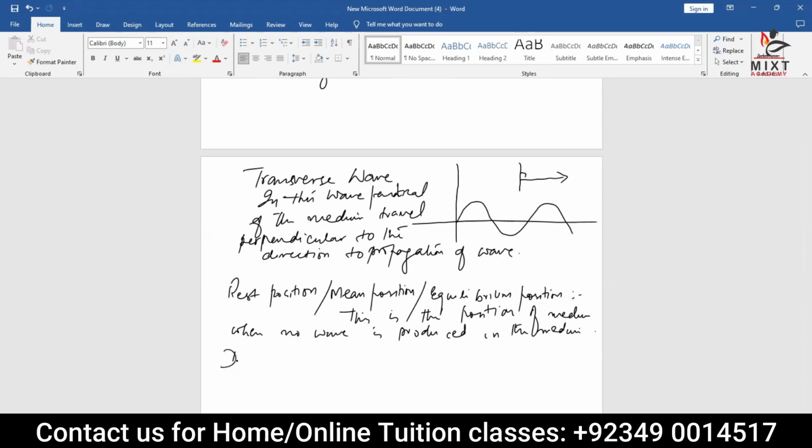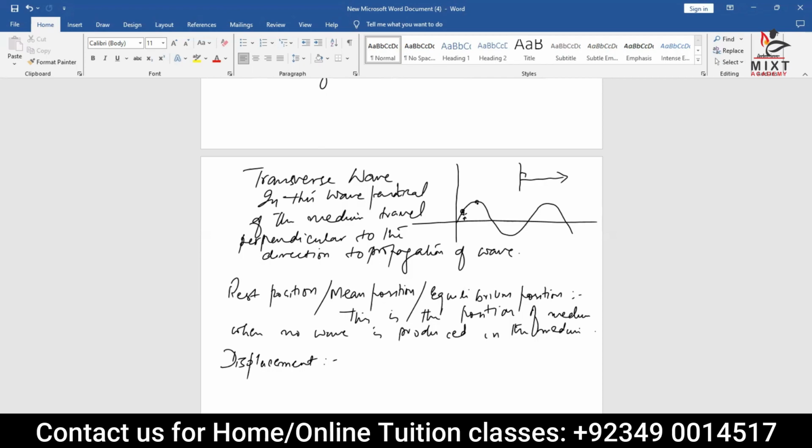The next word is displacement. Now, what is displacement? Displacement is not the amplitude; amplitude is different. If I talk about this particle, its vertical distance from the mean position is called displacement.